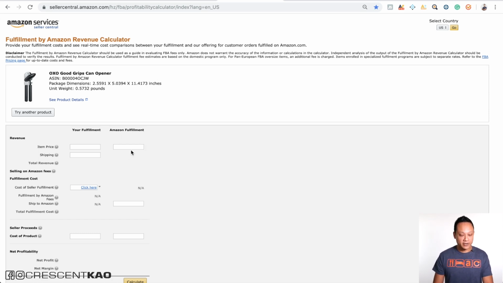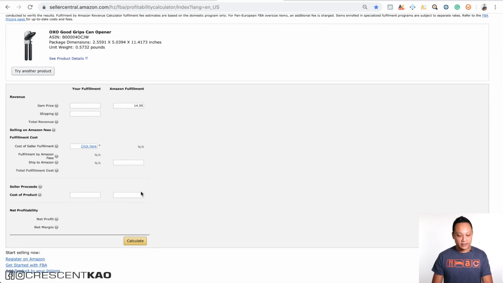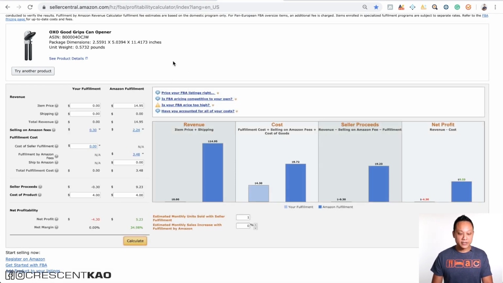Okay, so if we come over here and on the right side column here, it says item price, and we type in $14.95. And hypothetically, if we assume that the cost of the unit to manufacture and ship to Amazon is, let's say, $4, and we hit calculate, you can see that it's calculated all of the fees and what your net profits are.